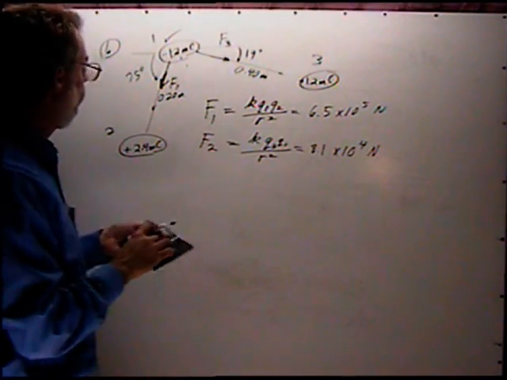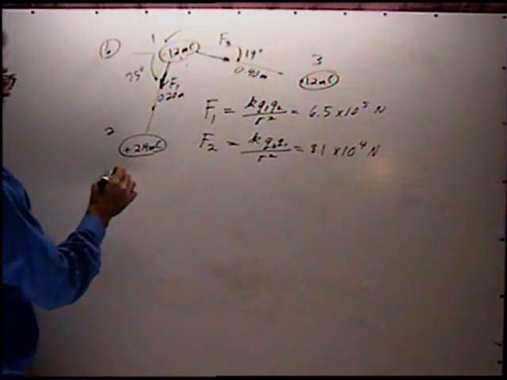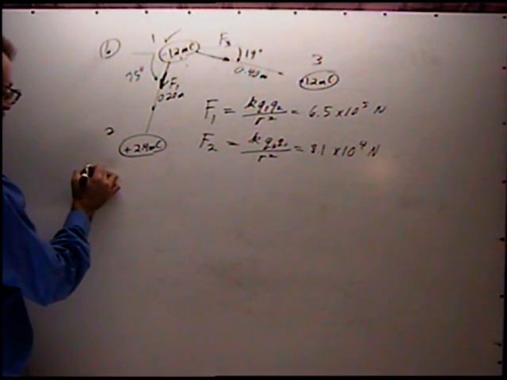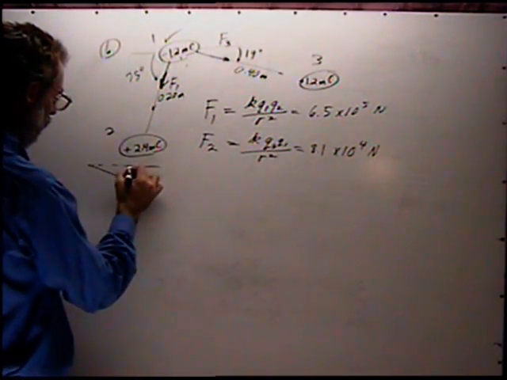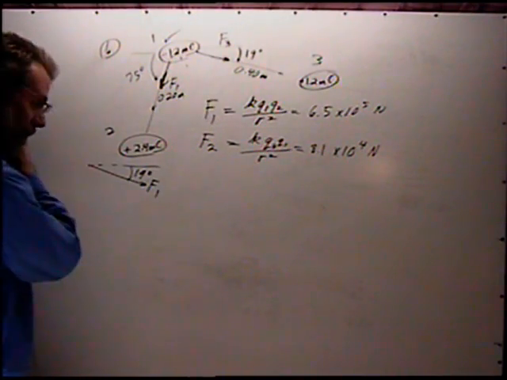Okay, so basically what I have is a vector diagram. That's 19 degrees, that's F1.